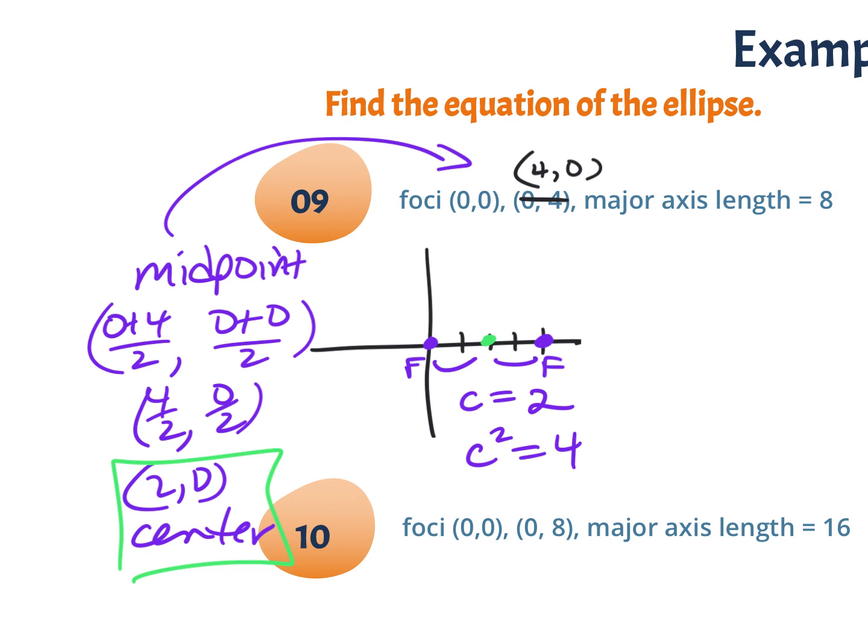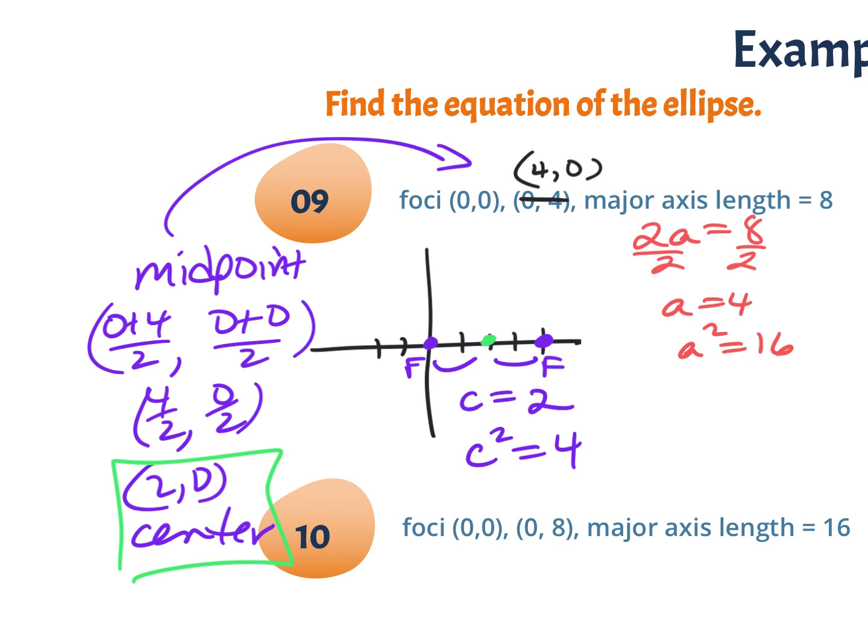Now they gave me that the major axis length is 8. So 2A equals 8, divide by 2, and A equals 4. So A squared is 16. If you were to graph your vertices, they would have been 4 spaces away from that center, so they would have been shifted over a little bit.